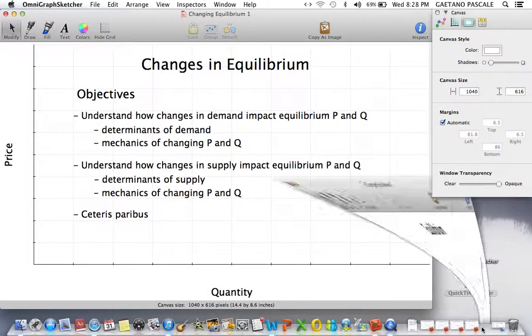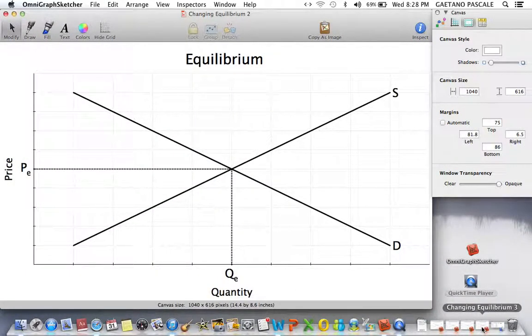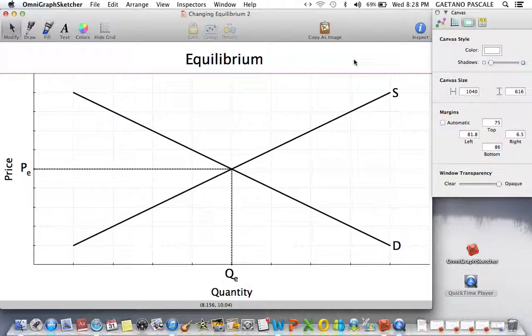So let me bring up what your starting point for this is. Anytime I ask a question or ask for an analysis of a change in equilibrium price and quantity, this graph right here should be your starting point, because this illustrates the equilibrium in a marketplace where supply and demand intersect one another.